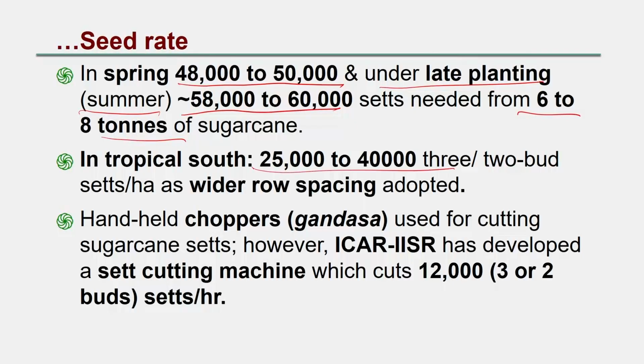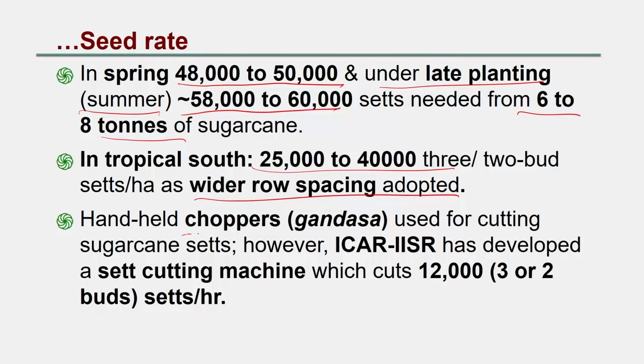In the tropical south, about 25,000 to 40,000 3 or 2 budded sets per hectare are needed, as spacing is wider in those cases. The cane is thick, tillering is more, so therefore they can keep a little wider spacing in tropical parts of the country. Handheld choppers, that is gandasa, are used for cutting sugarcane sets.